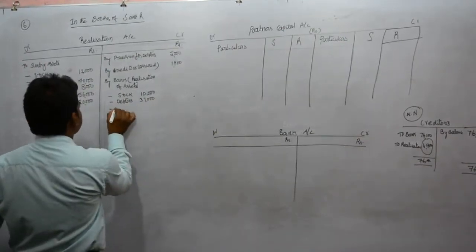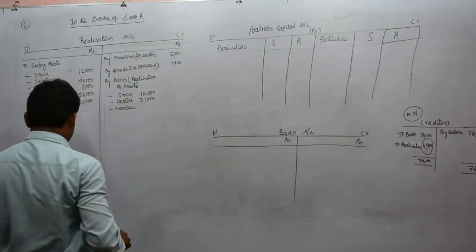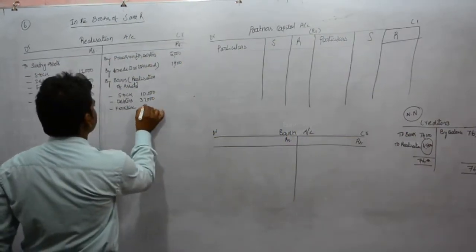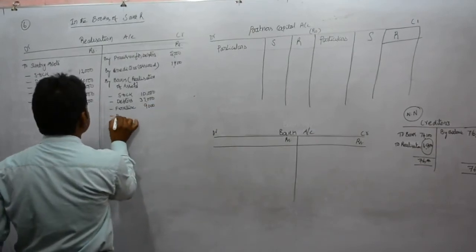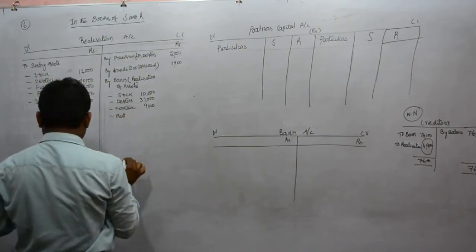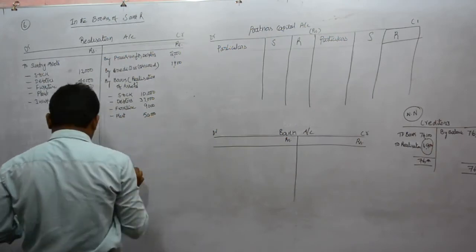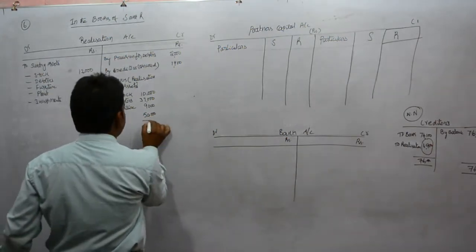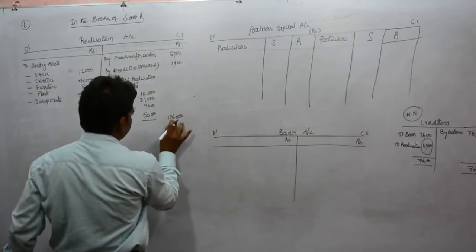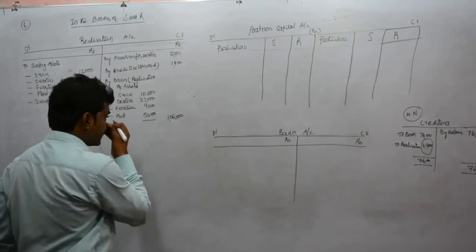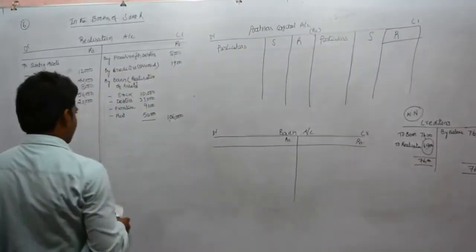Next, furniture 9,000. Next, plant 50,000. Okay, in total we got 1,06,000. The proceeds from the asset sale are 1,06,000.